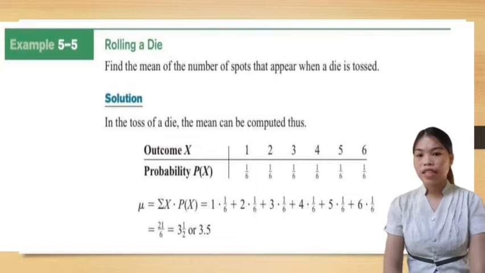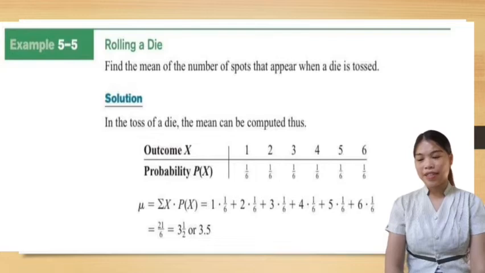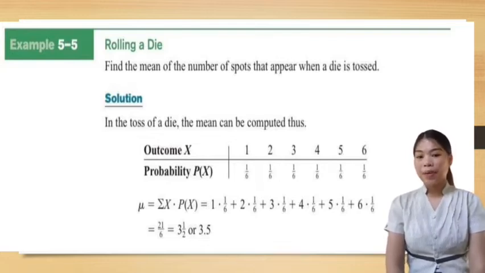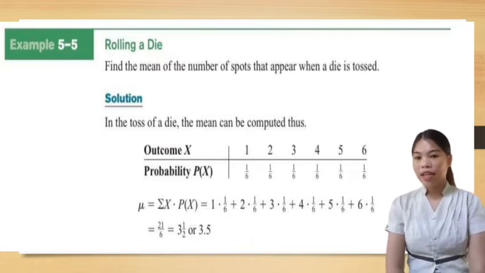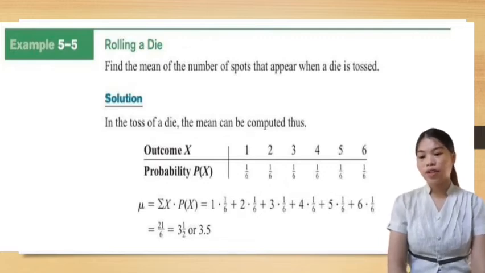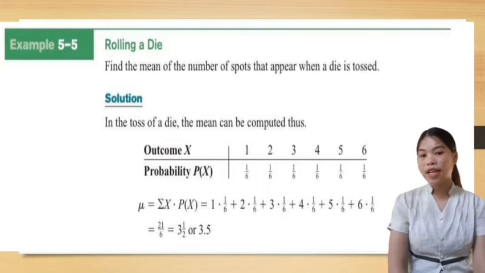So let us find the mean of rolling a die. The formula is mean is equal to the summation of x times P of x. First, we multiply each outcome by its corresponding probability. Outcome number 1 has a probability of 1 over 6.